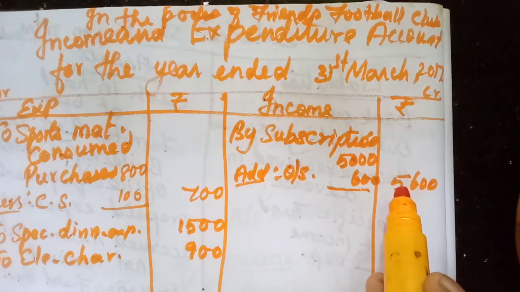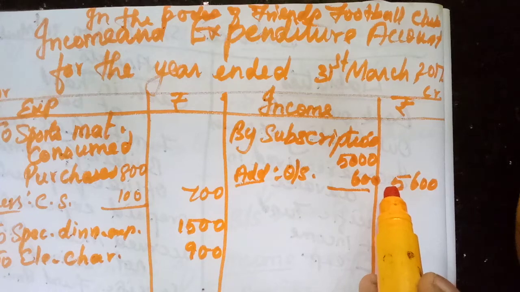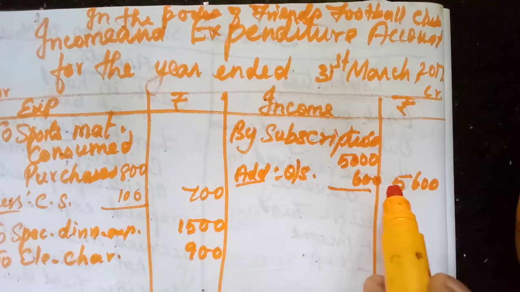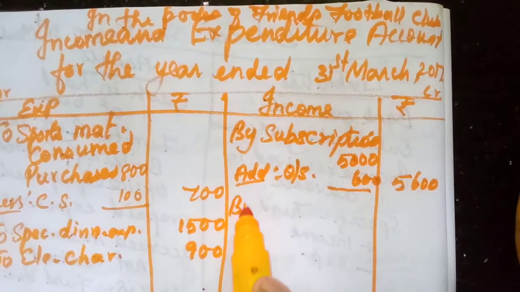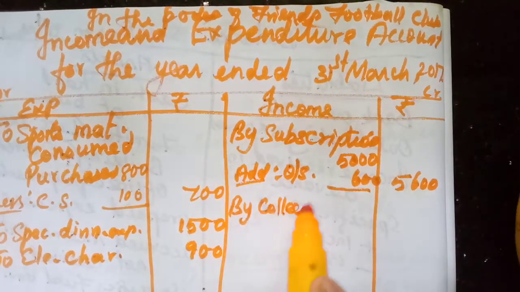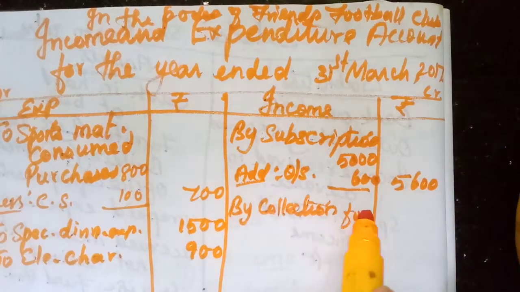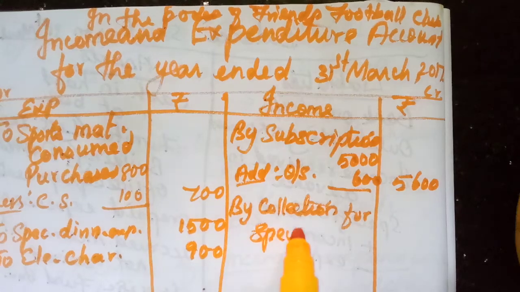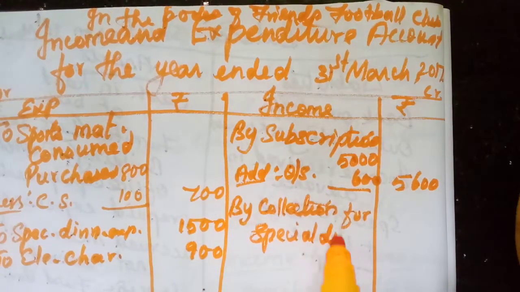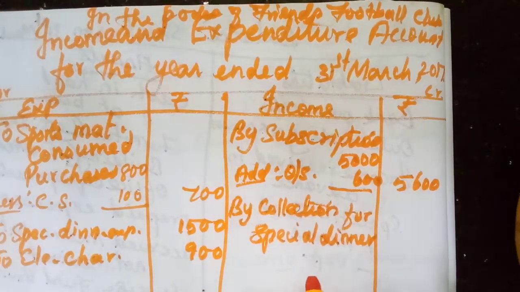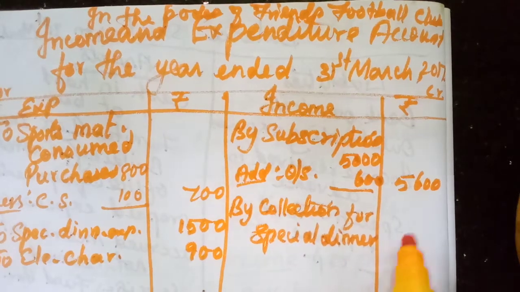Okay, then what is the next one? After subscription, legacies. That will not come, that will come in the balance sheet. Then collection for special dinner. That you write, by collection for special dinner. How much? 2,000.